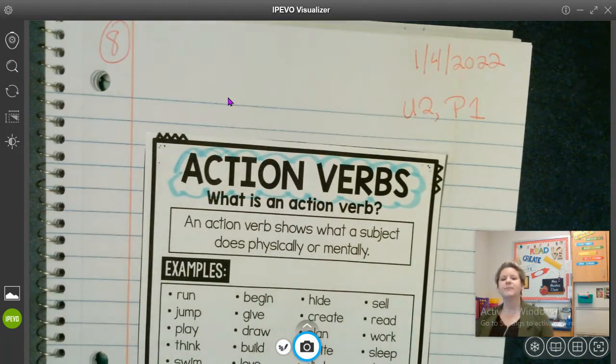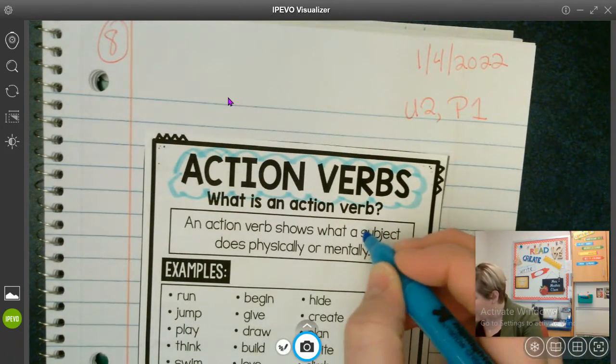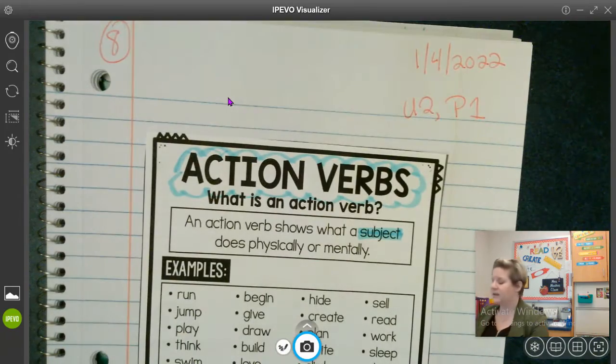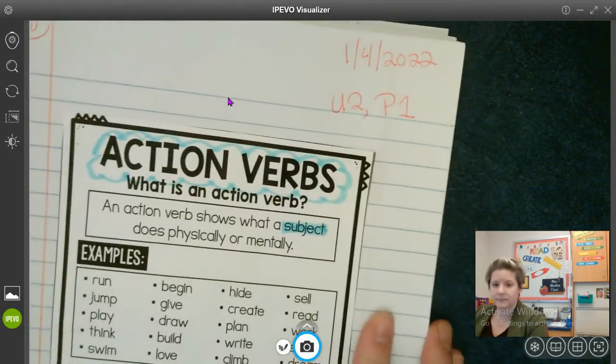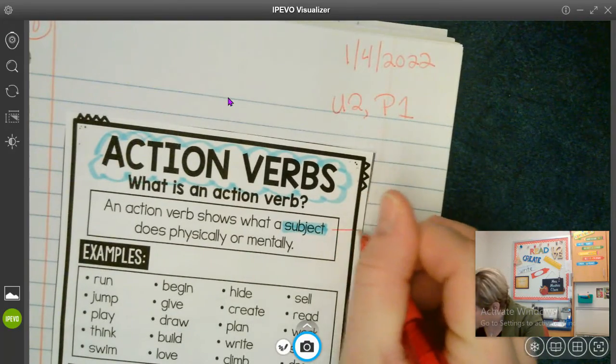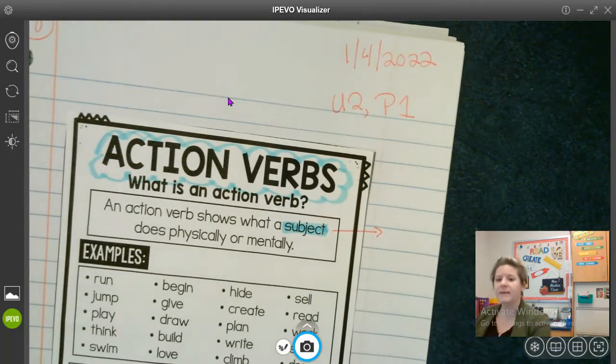Okay, so let's think about that just for a second. I'm going to highlight the word subject, but I'm going to take my pen and put an arrow going out this way because I want to make a note that the subject is the who or the what of the sentence that is doing the action.